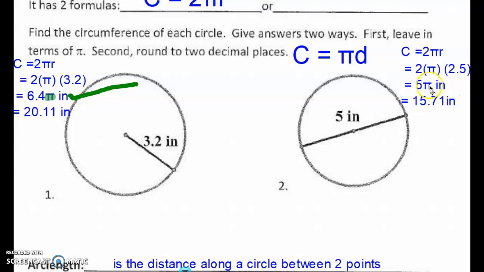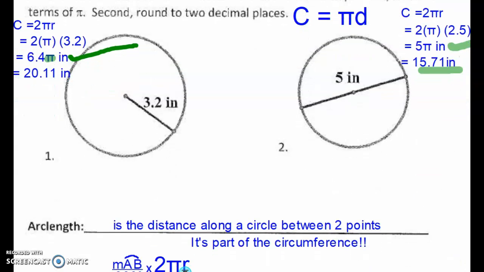And notice, I got the same answer, even though I took half the diameter. You could just leave the diameter, times it by pi. 5 pi. And 5 times 3.14 is 15.7. And again, they want 2 answers. That's in terms of pi, and that's the decimal.